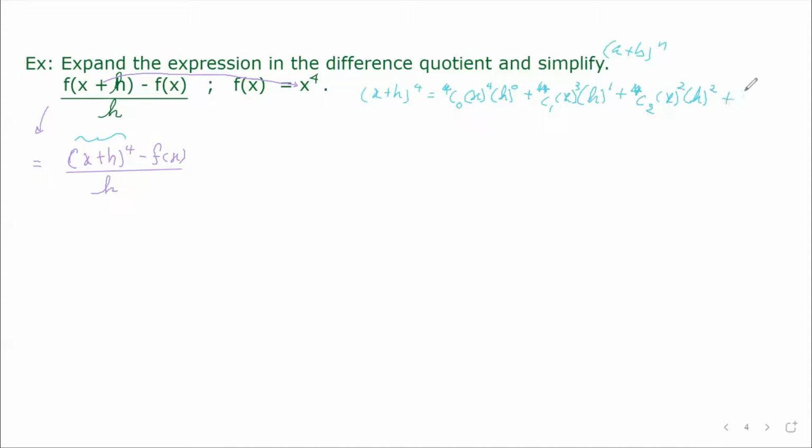Then plus 4C3 x power 1, right? And h power 3. Then plus the last term here, 4C4, and then x power 0 times h power 4. Okay, now from here we rewrite it down.